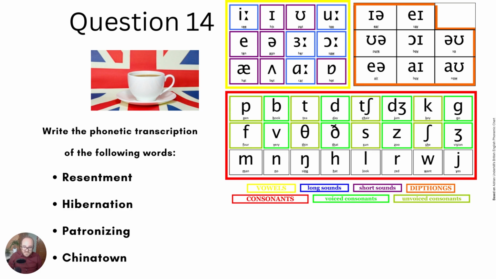So when you're presented with a question that asks you to transcribe a word or a sentence using the IPA, you'll have to use the appropriate symbols to represent the sounds you hear. This can be a bit tricky at first, but with practice you'll get the hang of it. And remember, the more you practice, the better you'll be at it.